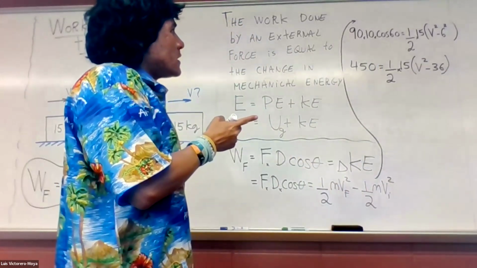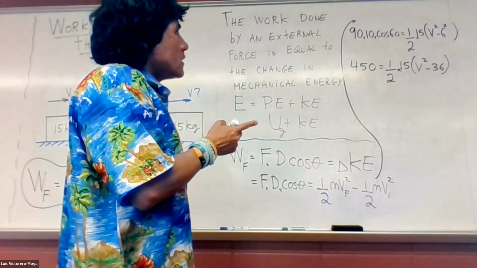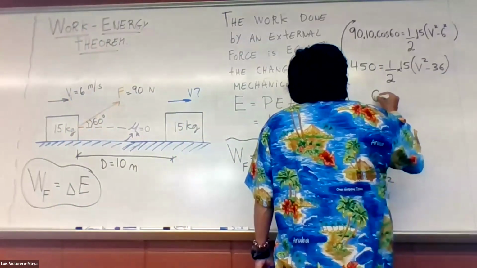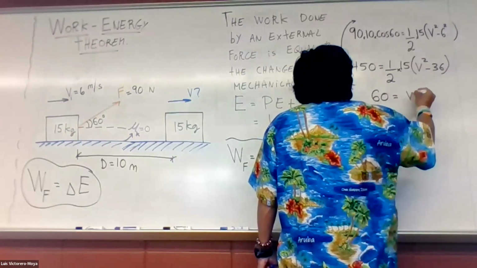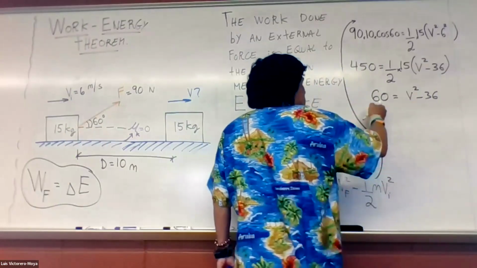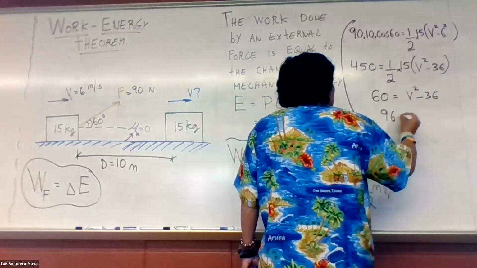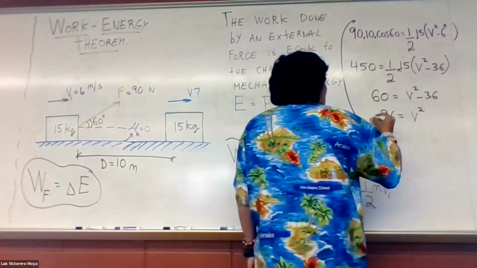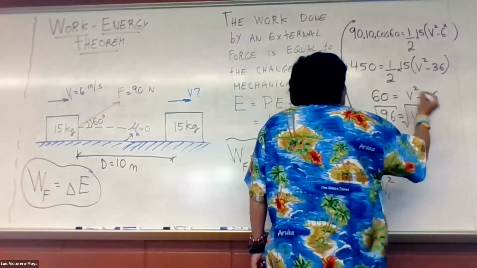450 over 15, that's 30. Times 2, that's 60. 60 is v squared minus 36. Adding 36 on both sides, that's 96. That's v squared. You take the square root on both sides.